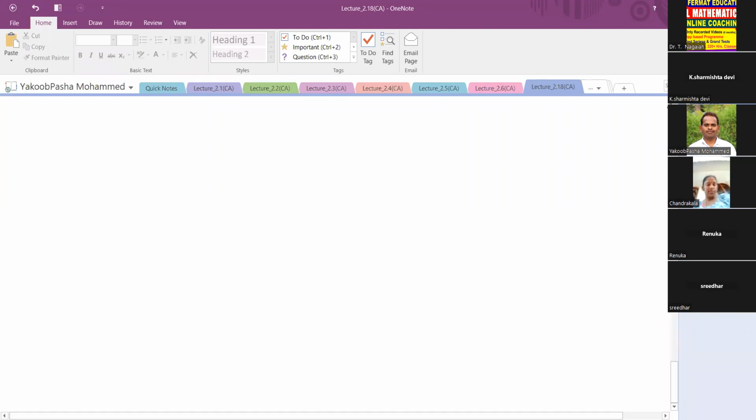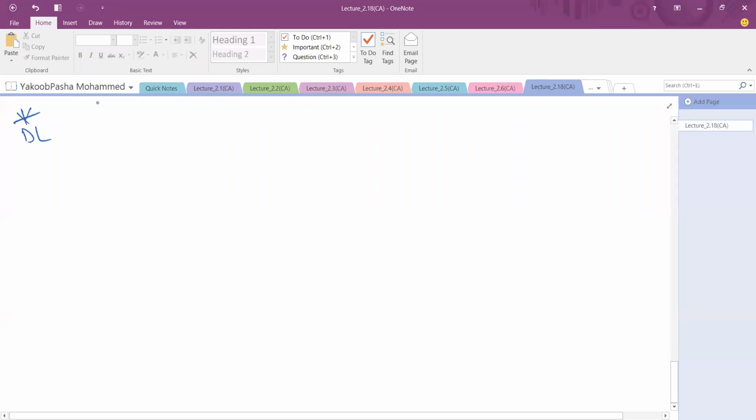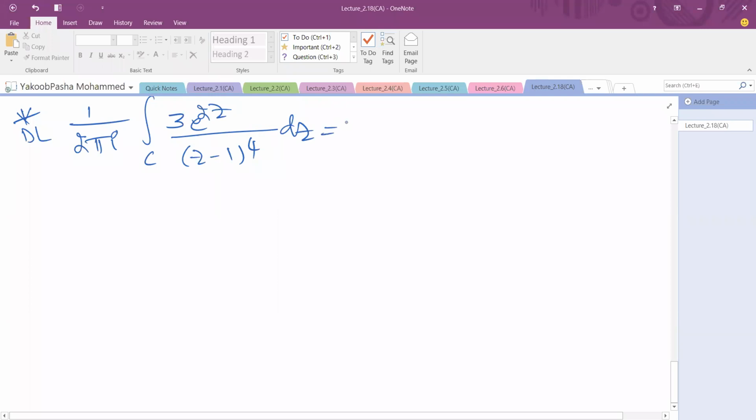Residue of the function. I'm taking the integral value, a question: 1 by 2 pi i, integral over C, 3 into e to the power of 2z divided by z minus 1 whole to the power of 4, dz is equal.